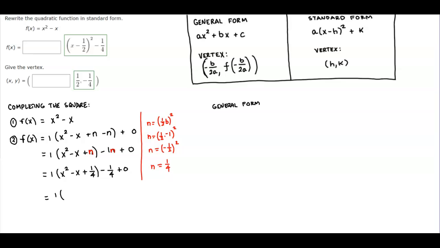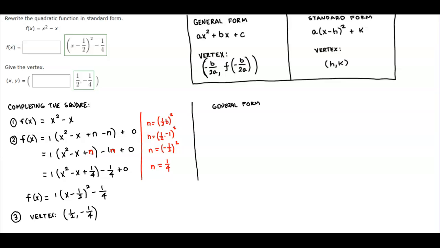It was -1/2. So this becomes x minus 1/2 squared minus 1/4. And so therefore that represents f of x in standard form. And then we can determine that the vertex from this standard form is (1/2, -1/4).